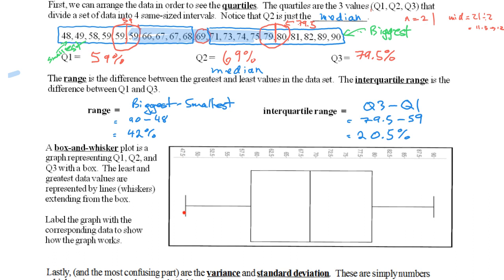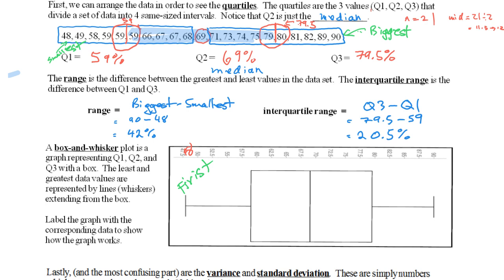This actually starts at 48. Oh yeah. So it starts at 48 here, right? So this is literally the first number on our box and whisker plot.